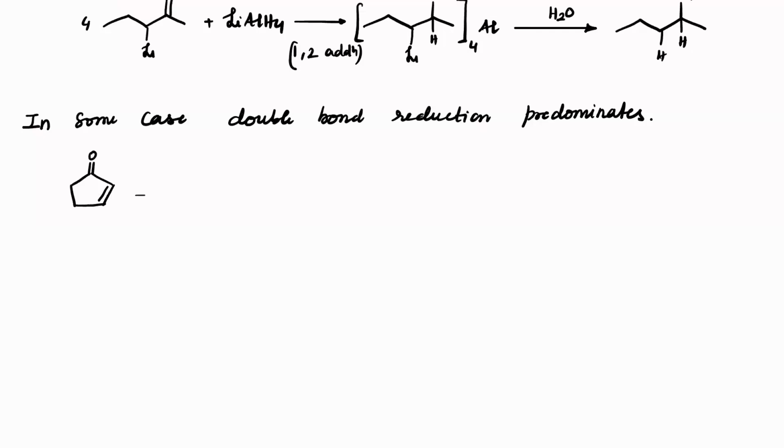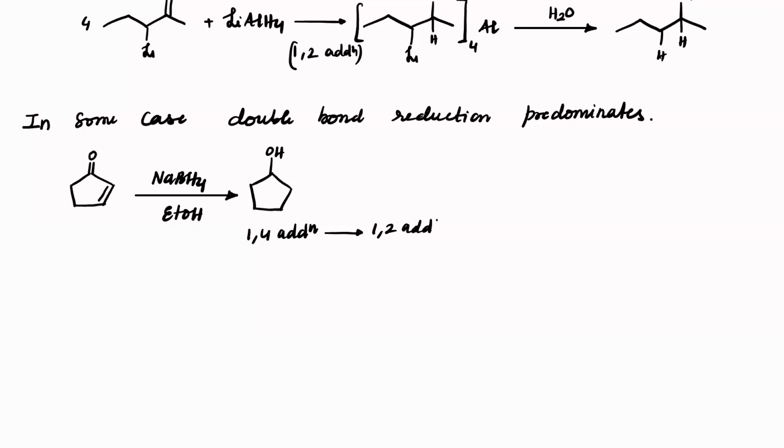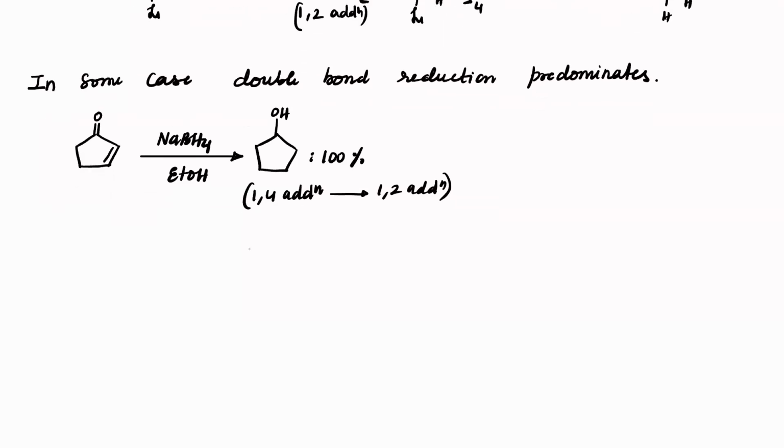Check: for this kind of conjugate case, if I treat with NaBH4 in ethanol, it was found that the entire reduction will happen and you will get this as 1,4 addition followed by 1,2 addition, and this is 100% product, so there is no other minor product in this.